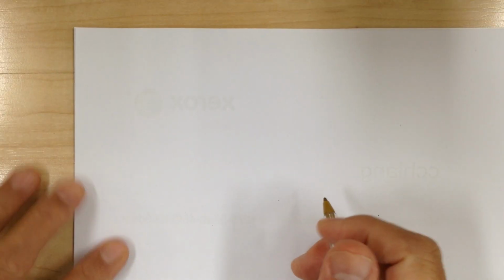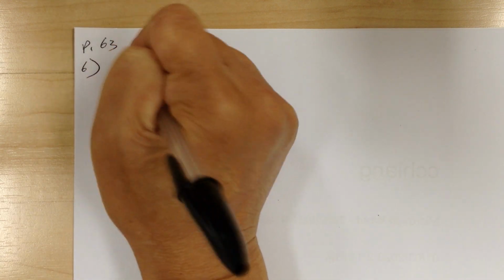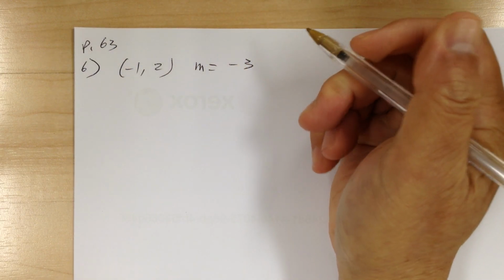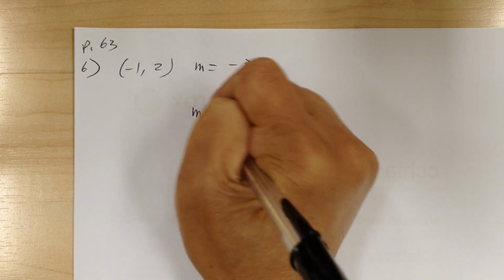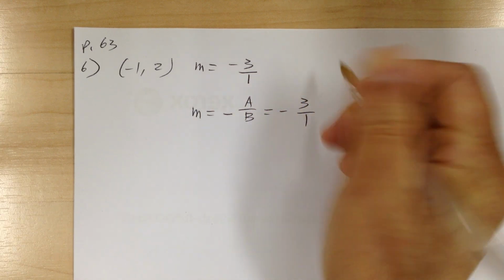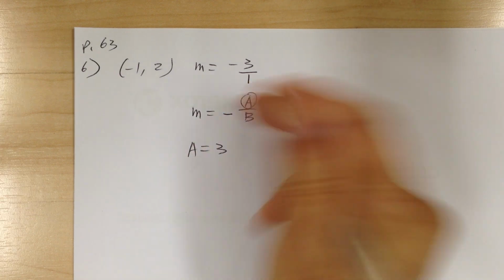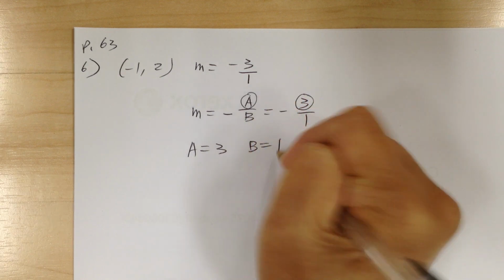Okay, let's go to the next one. You got (-1, 2) and m equal to -3. Now I'm going to put it as a fraction, -3/1, so I can match it up. So m equals -a/b equals -3/1. Again, a is always positive, so a equals 3. Negative and negative matched, so b matches with 1.